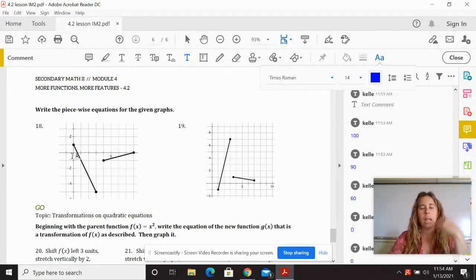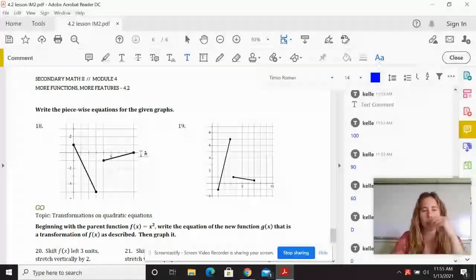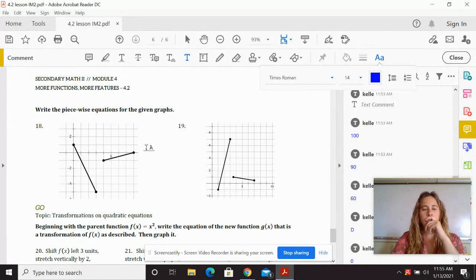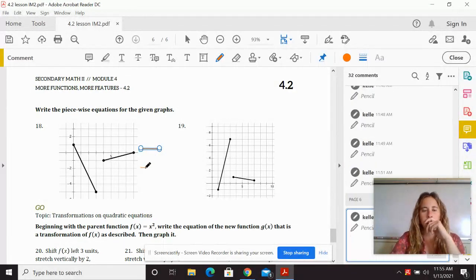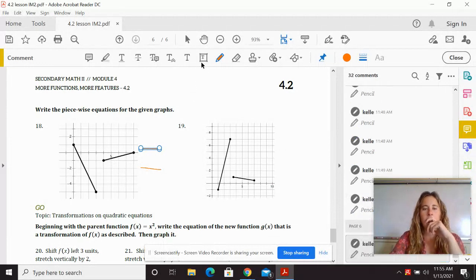This is a discontinuous graph or a non-continuous graph. So the only thing that's going to change is figure out your equation like normal. So the equation for this first one and the equation for the second one. So you're going to have two separate equations. And you're also going to have two separate domains.